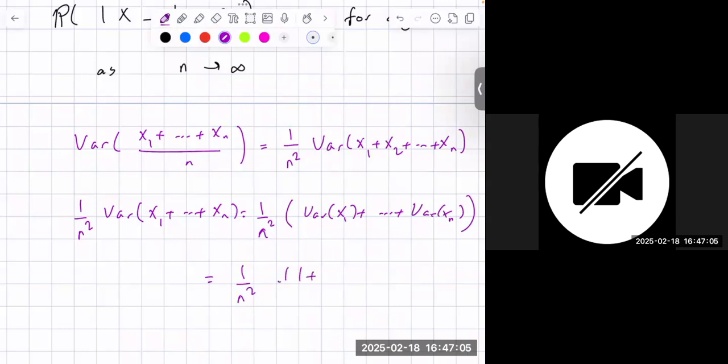So I'll get 1 plus 1 plus 1 plus 1. Otherwise, you have to be careful about covariance as well. But here, since they're independent, I get n ones, so n divided by n squared, which is 1 over n. And literally, as n grows, 1 over n is going to go to 0.